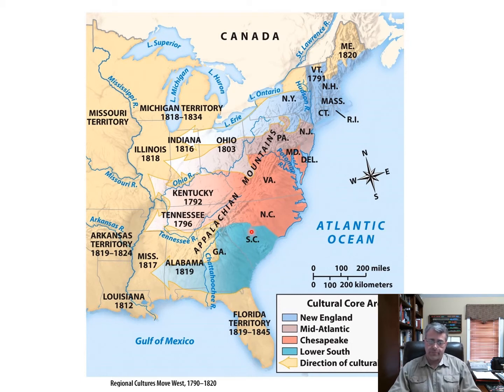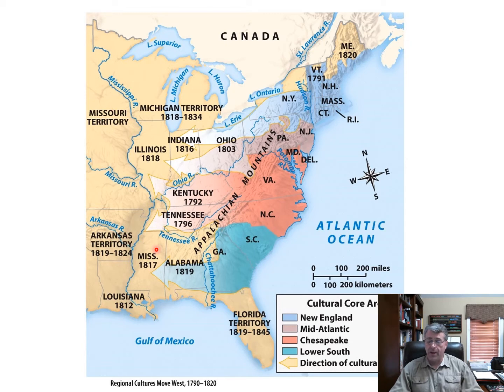Typically, as settlers move onto the frontier, they're moving due west. We see very few instances where people from New York are moving down into Tennessee or Mississippi territories, or people from the Carolinas moving up into the Michigan territory. Typically, people just pack up and move onto the frontier. They just head in a generally westerly direction.